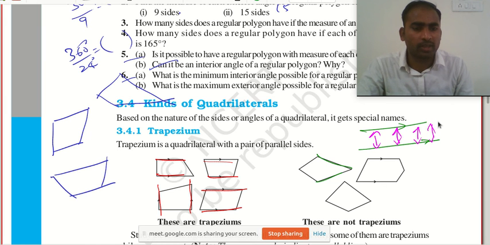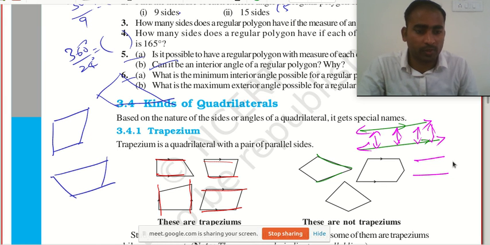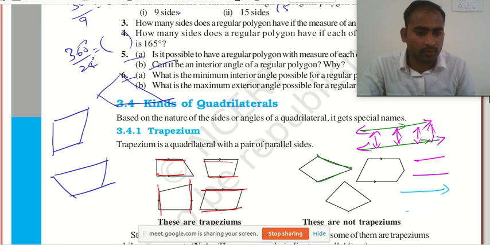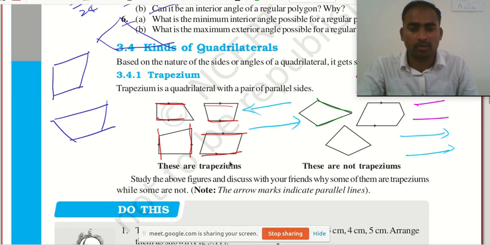It is known as parallel lines. Parallel sides are represented with this one. You need to be clear. Parallel rays, and opposite rays, this is the way. Okay.